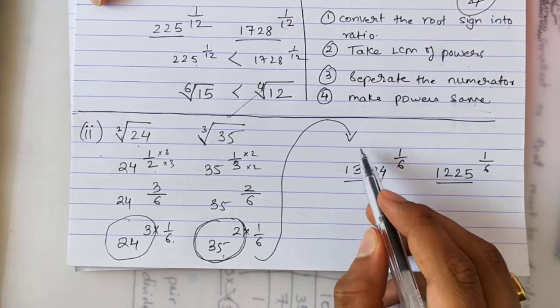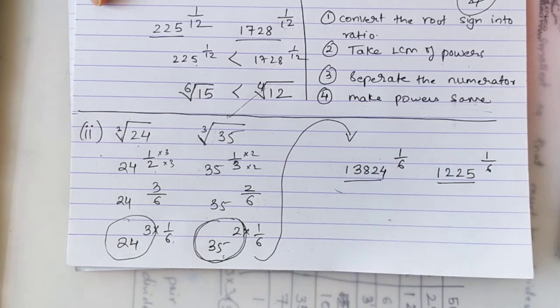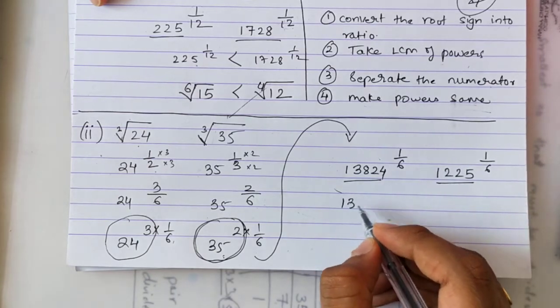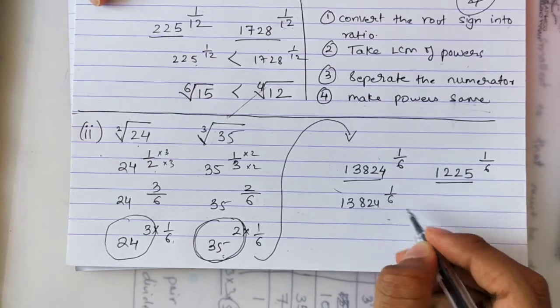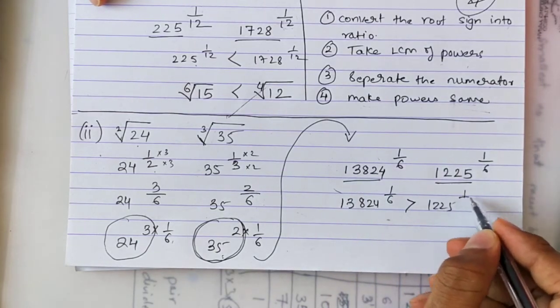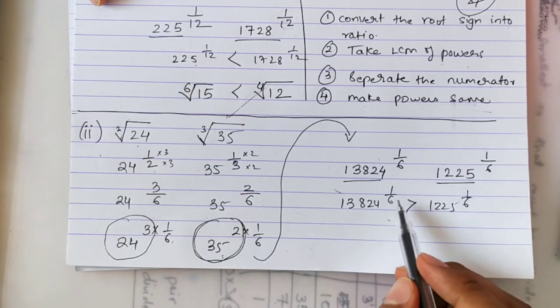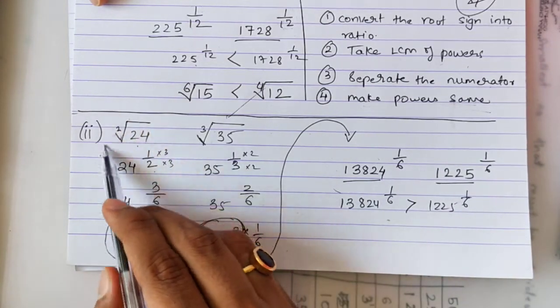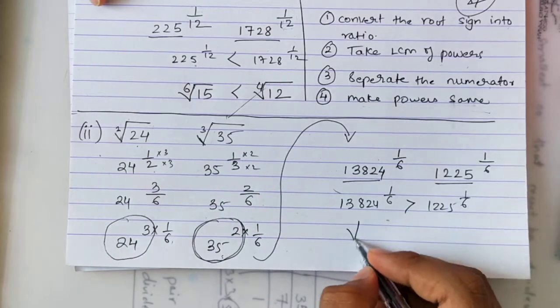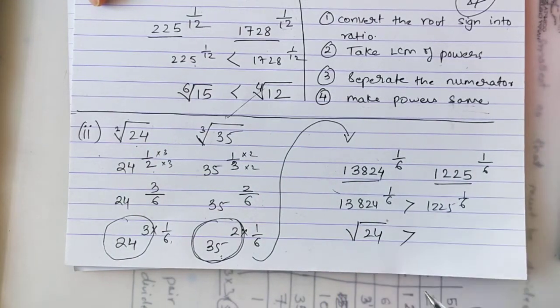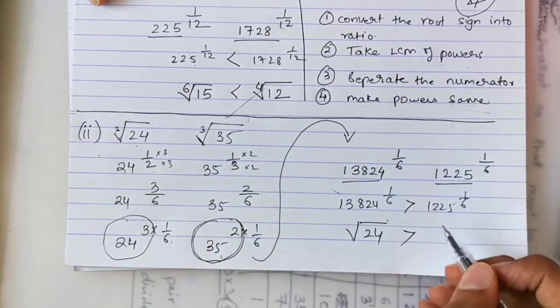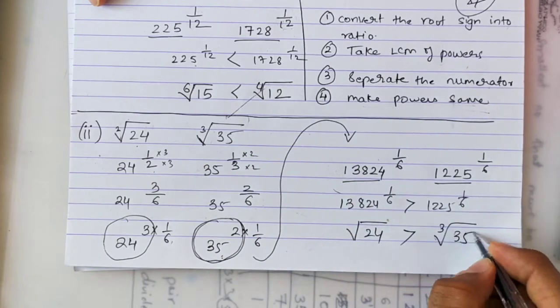Which number seems to be bigger? 13,824 is bigger. So I'll write 13,824 is greater than 1,225 raised to 1 upon 6. So this 13,824 is nothing but square root of 24 is greater than cube root of 35.